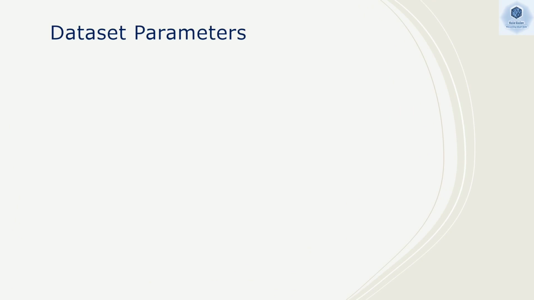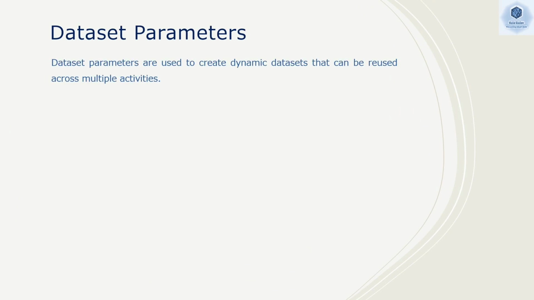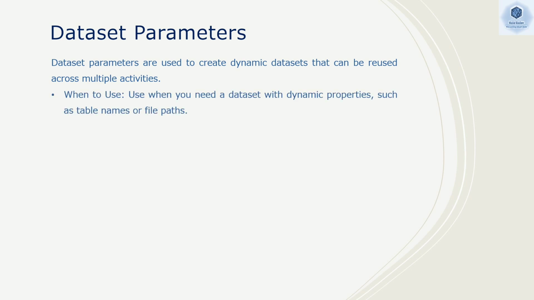So what are dataset parameters? You can create a dynamic dataset for your multiple sources. You can create a single dataset using the dynamic option and pass the parameters that you have created for this dataset.